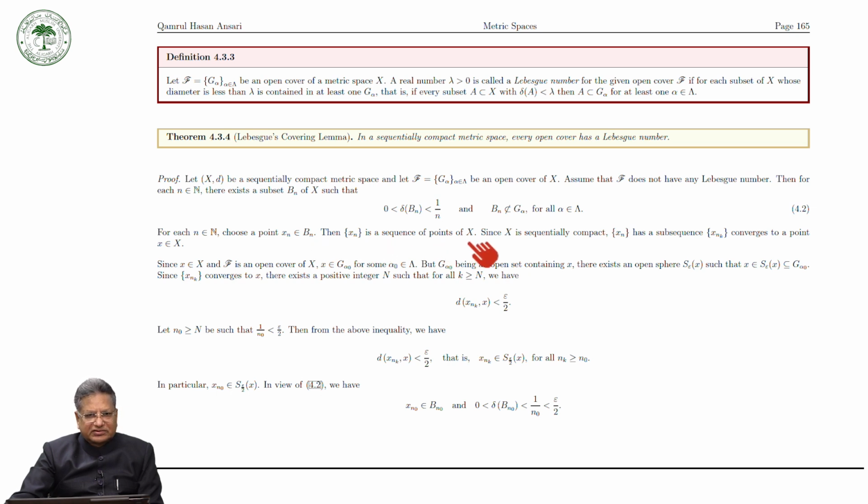Then we can construct a sequence xn of points of X. Since X is sequentially compact, by the definition of sequential compactness, every sequence has a convergent subsequence.